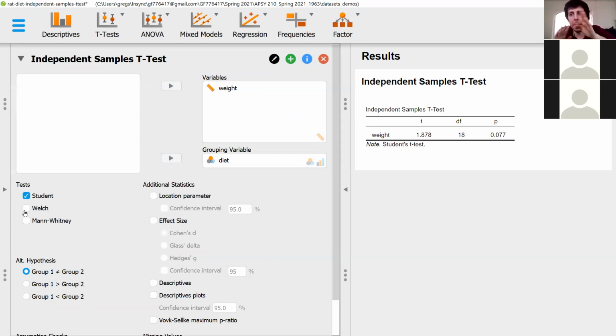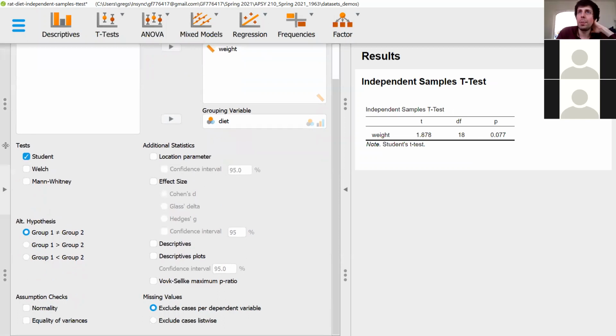So if you had formatted the problem differently, you can always get a positive or a negative value of t. And for the sake of these problems, you will always see them presented as a positive number. And you'll notice that it recognizes that we have 18 degrees of freedom. But you'll notice that the p-value it gives us is different than the p-value that we got in Excel. What explains this?